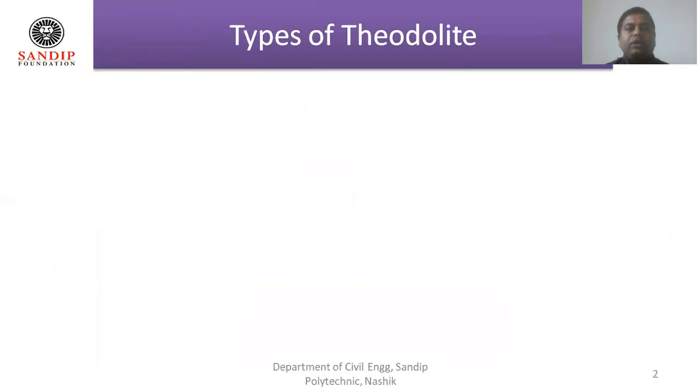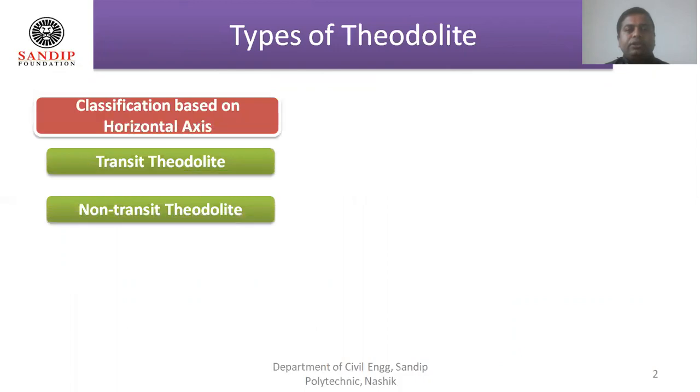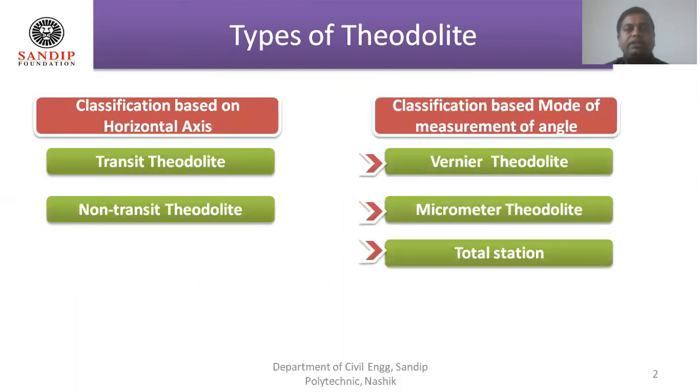Now let's go for types of theodolite. Theodolite is basically classified depending on two criteria. First criteria, classification based on horizontal axis. Theodolite is classified as transit theodolite and non-transit theodolite. So transit theodolite means what?